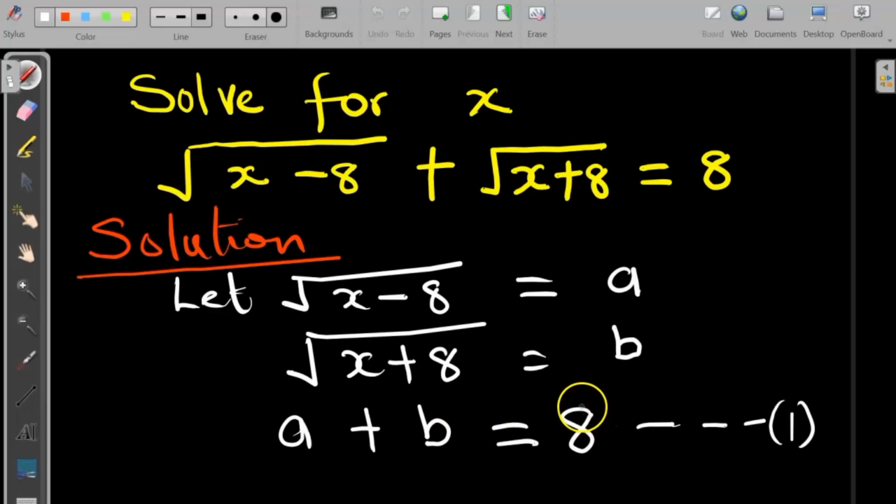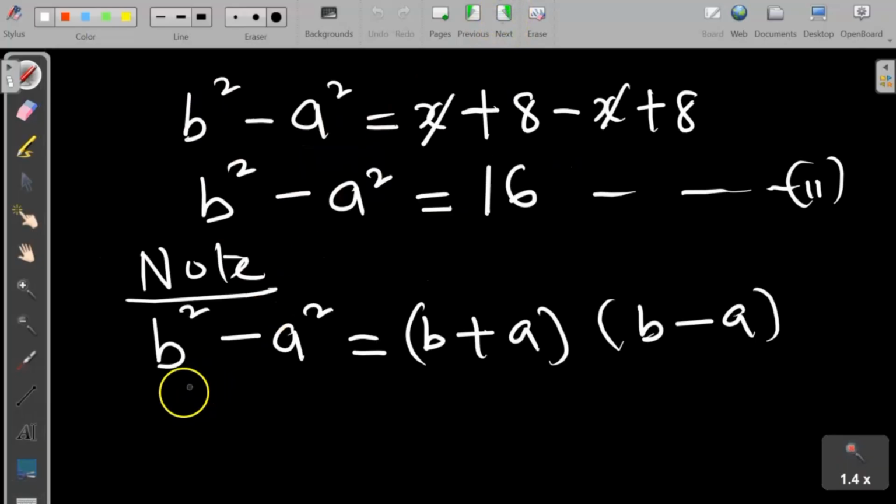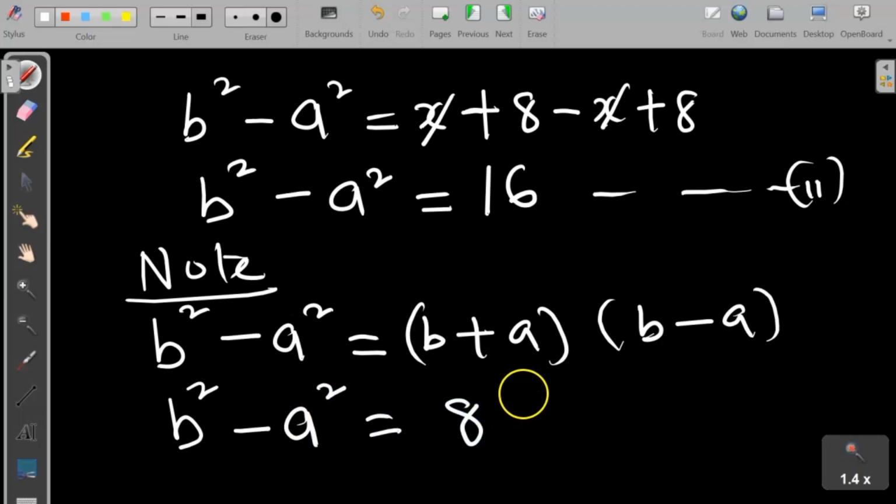Remember, addition is commutative, so b plus a is also 8. So b squared minus a squared is equal to 8 into b minus a.